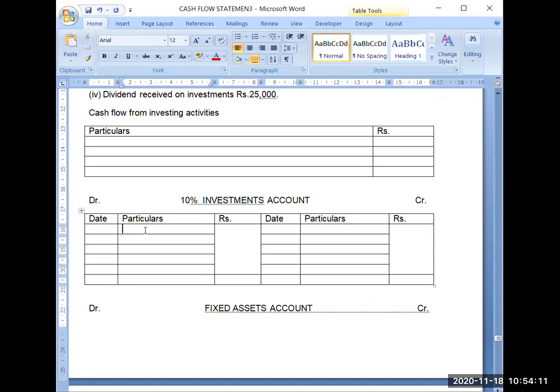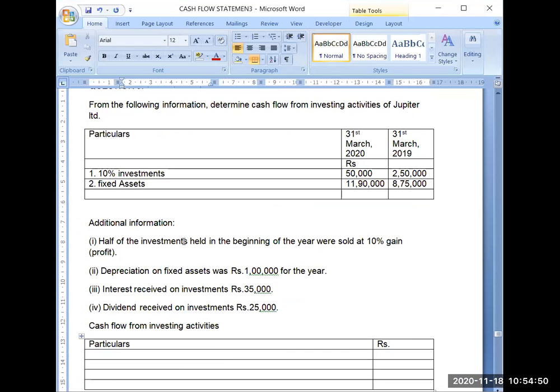Now investments have a debit balance, to balance brought down. Opening balance is 2,50,000.